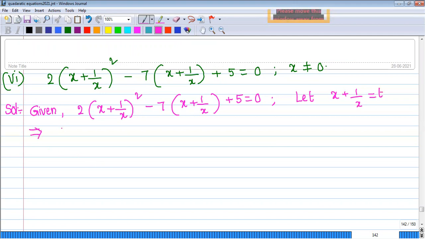This can be put in the form of 2t square minus 7t plus 5 is equal to 0. So very simple. 5 twos are 10, 5 plus 2 is 7 only, because 2 and 5 are prime numbers. This can be written as 2t square minus 5t minus 2t plus 5 is equal to 0.